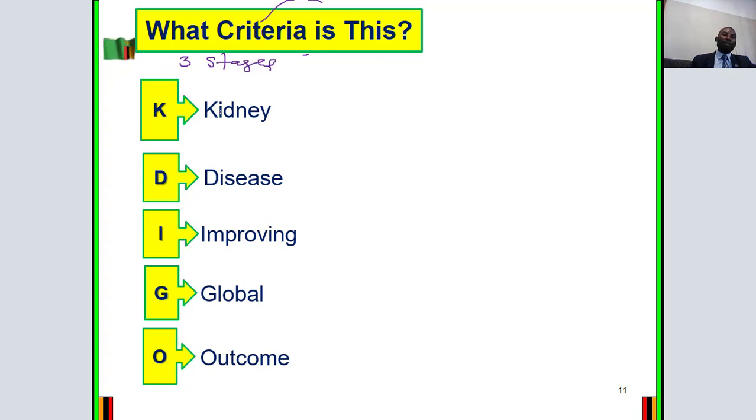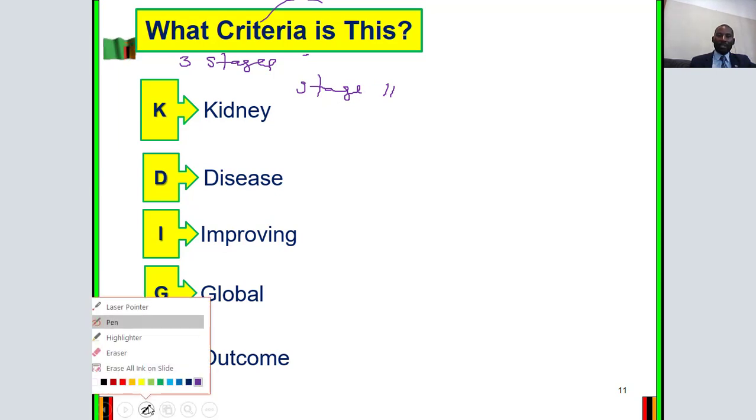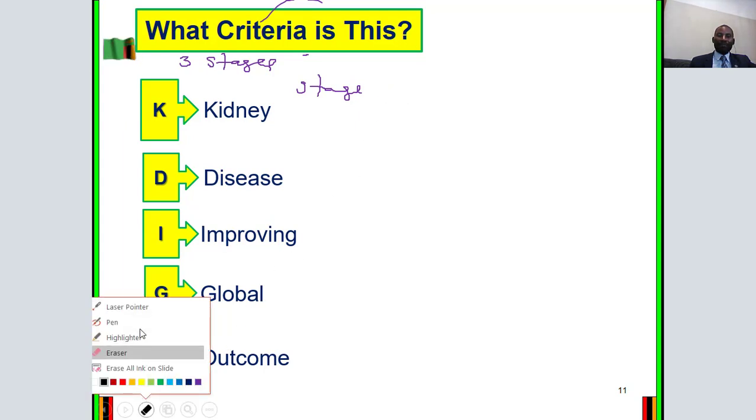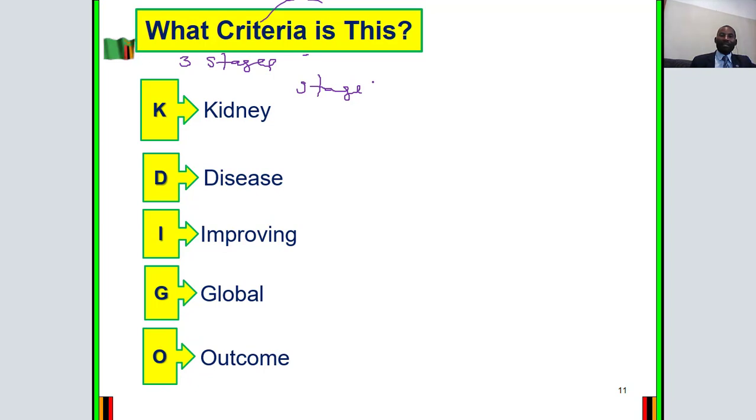So I'll be explaining stage 1. What do you expect on stage 1? Let's move together. Take your pen.